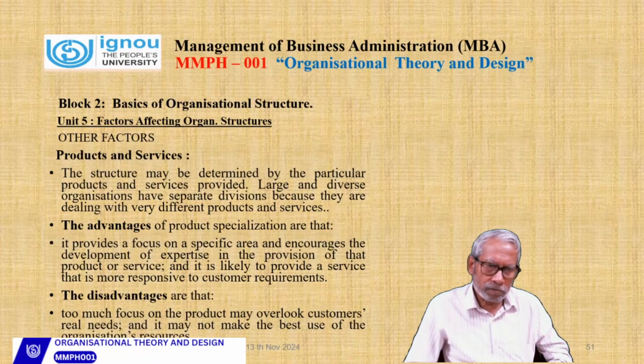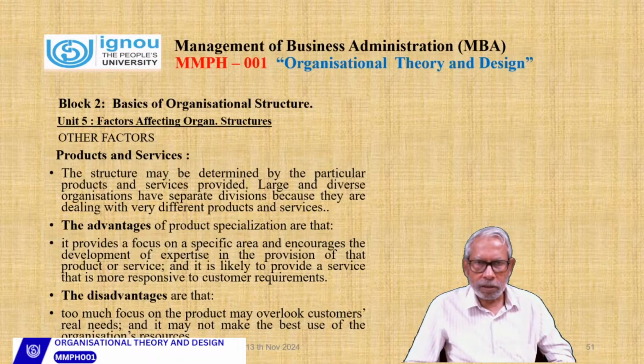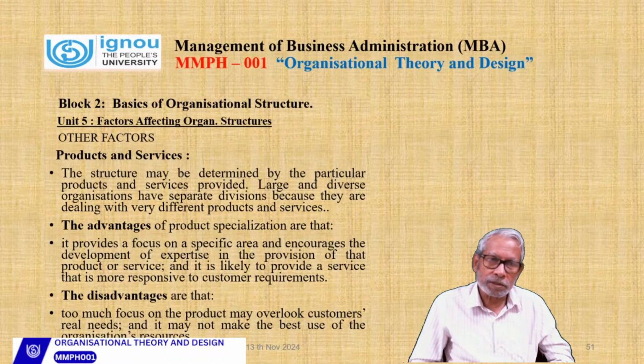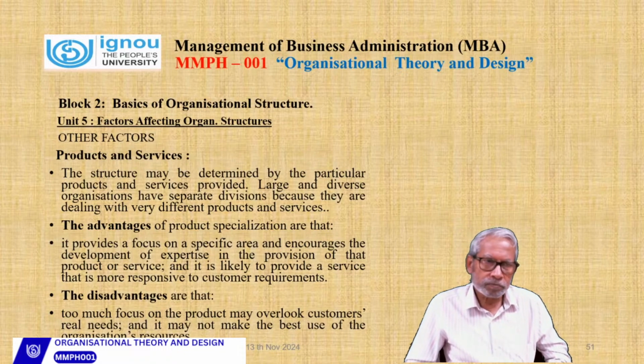Product and services and other factors. The structure may be determined by the particular products and services provided. Large and diverse organizations have separate divisions because they are dealing with very different products and services. The same department cannot be maintained. I mean, they cannot handle the different types of products.